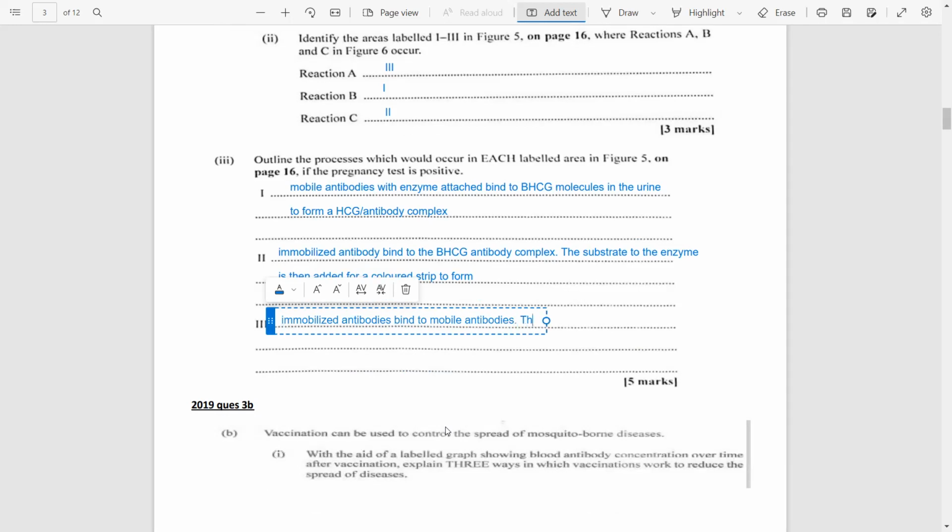And then the substrate for the enzyme is added, which causes a colored strip.